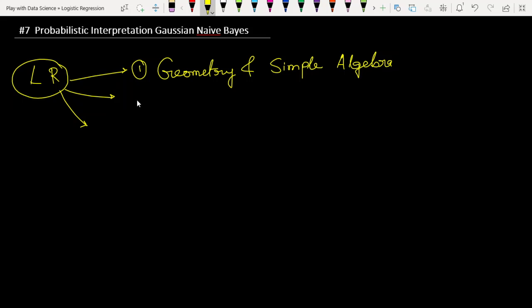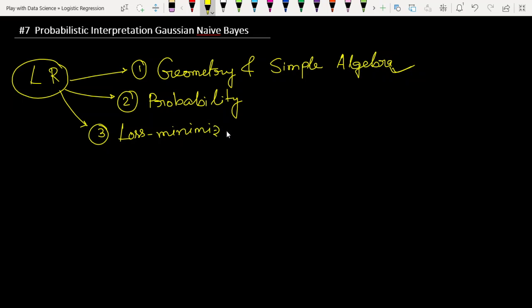Now we will learn it in detail using the probabilistic method. And at the end of this series of lectures, we will see it using loss minimization. That one we have already learned.